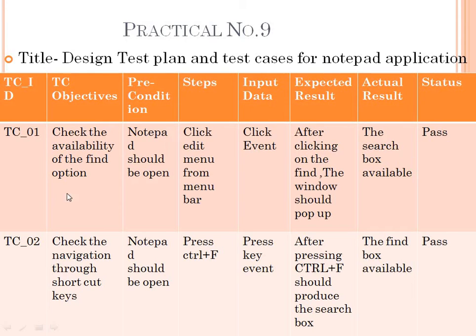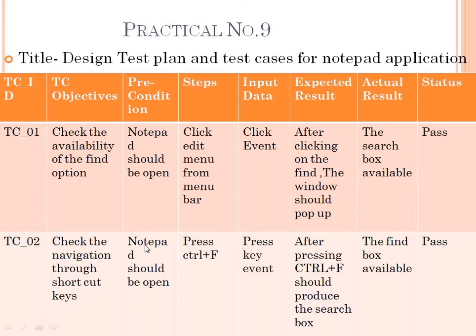The next test case is the second, and its objective is to check navigation through the shortcut keys. Here we use the shortcut key Control F for the find option of Notepad.